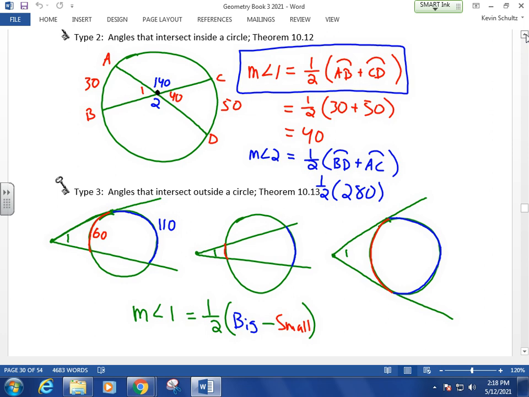The measure of our angle, angle 1, is going to be half the difference of big arc minus small arc. So 110 minus 60, or half of 50, which equals 25. Okay?